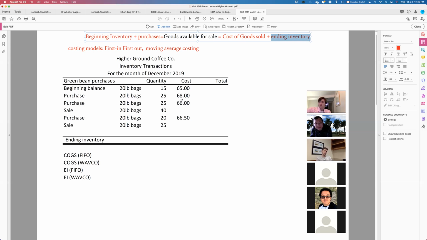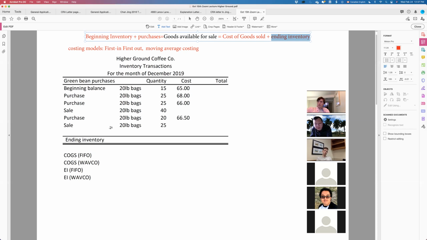Now they made a sale, and they sold 40 bags. Then they purchased another 20 bags at $66.5 per bag.